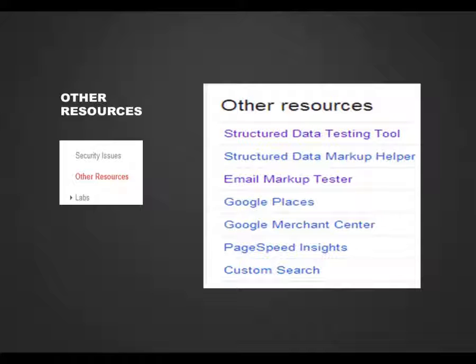So we have other resources about structured data testing tool, structured data markup highlighter, which we already went over, an email markup tester, Google Places, Google Merchant Center, Page Speed Insights, and Custom Search. There's a lot of other tools that we could talk about. Now, one of the things that you guys probably want to take advantage of is Google Places.